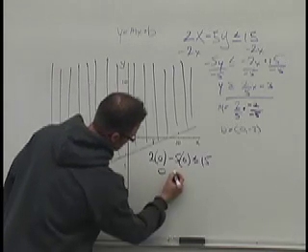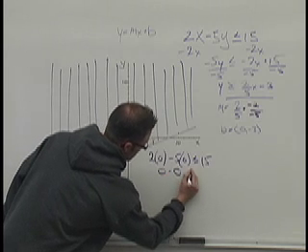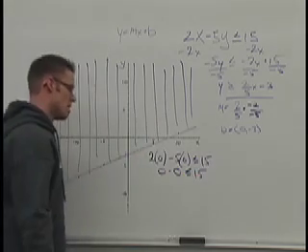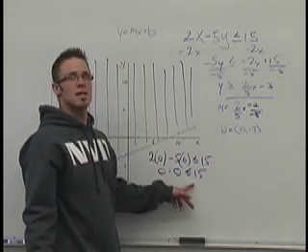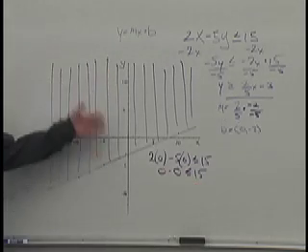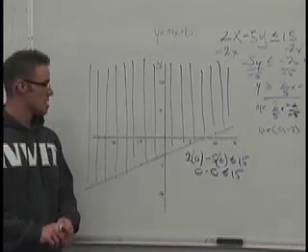Negative 5 times 0 is also going to give us a 0. Zero is less than or equal to 15, so we know that we're right and that we've shaded the right region. And that's that.